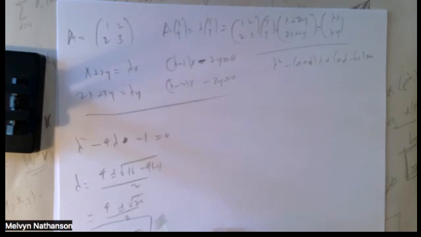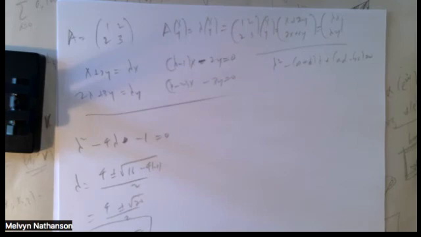So in this case, I have two eigenvalues, 2 plus root 5 and 2 minus root 5. So let me see if I can find eigenvectors for each of those eigenvalues.